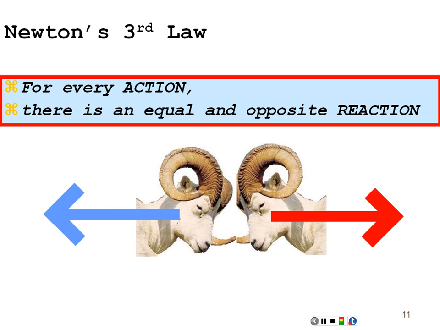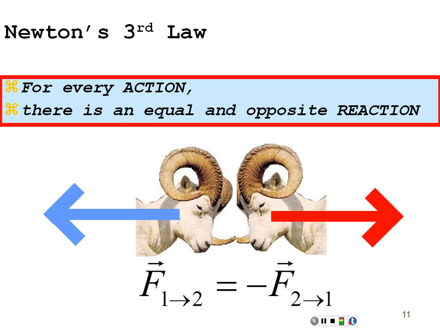These forces will have the same magnitude but opposite directions. For every action, there's an equal and opposite reaction. So I say that the force that 1 exerts on 2 is equal to the negative of the force that 2 exerts on 1. This is true for every force pair that we have in the universe.